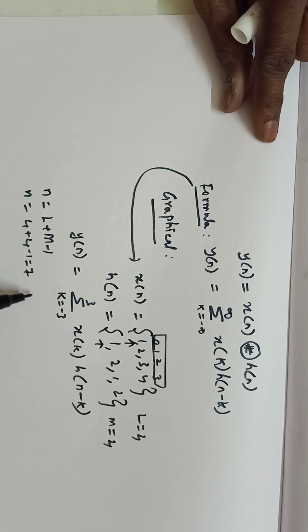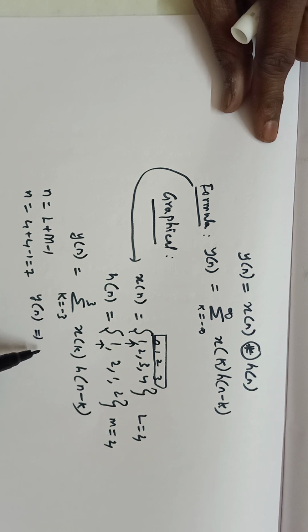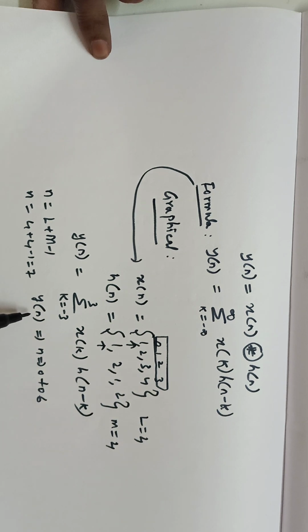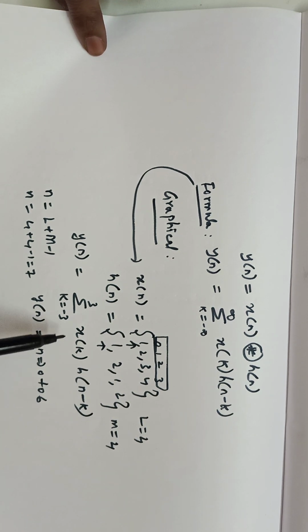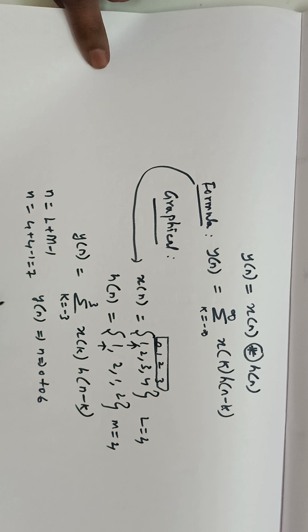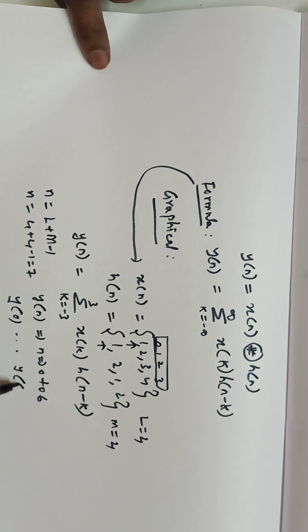So we want to calculate y of n for 7 values, that is n ranging from 0 to 6. So we need to substitute n from 0 to 6, and vary the summation k from minus 3 to plus 3 for every value of n. So let's calculate y of 0 up to y of 6.